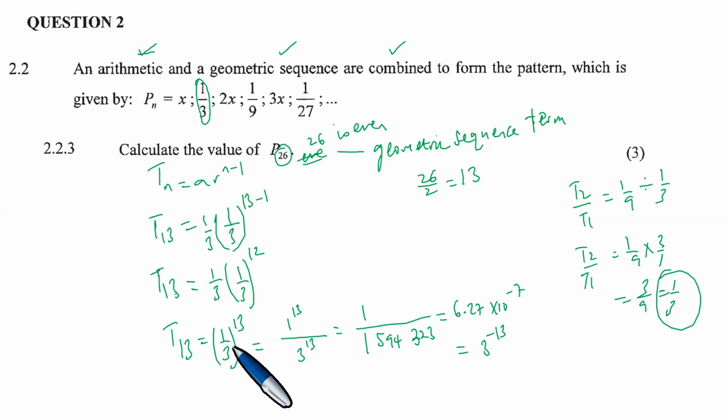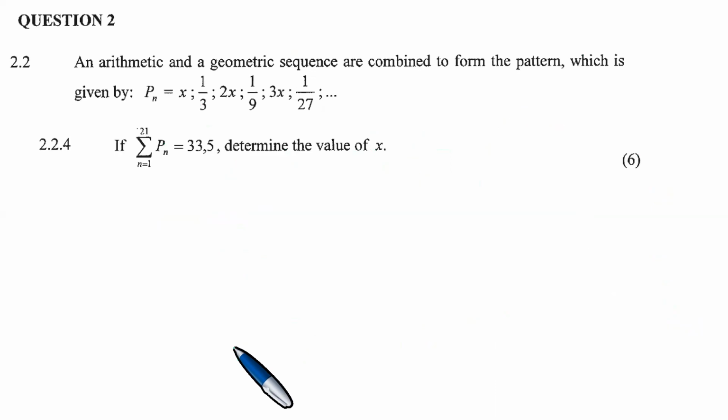Next. What do we get? We still have an arithmetic and geometric sequence combined to form the pattern which is given by these. If this is the case, determine the value of x.